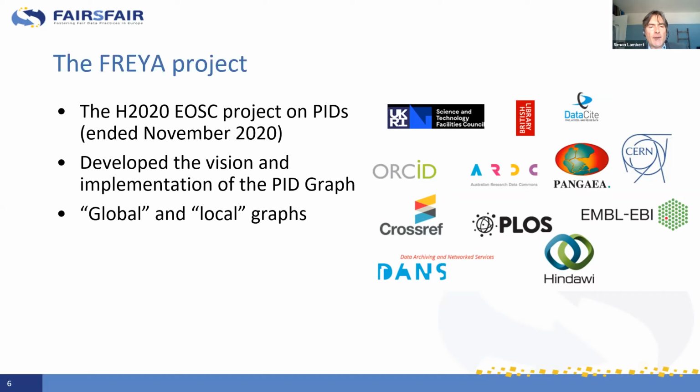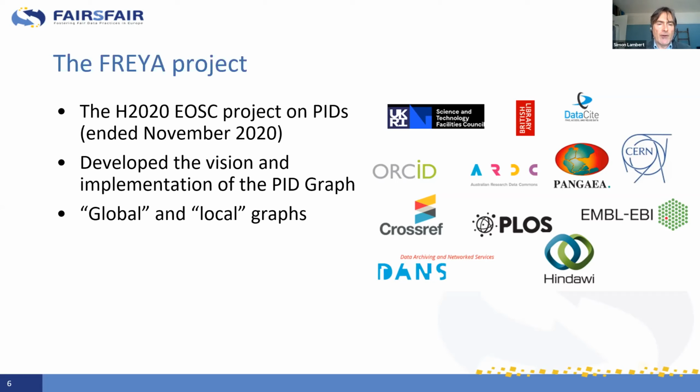I should say that there's what you're going to hear about from Martin Fenner, we could call the sort of global PID graph. It's the graph of entities with persistent identifiers that's not specific to any particular organization or institution or repository.